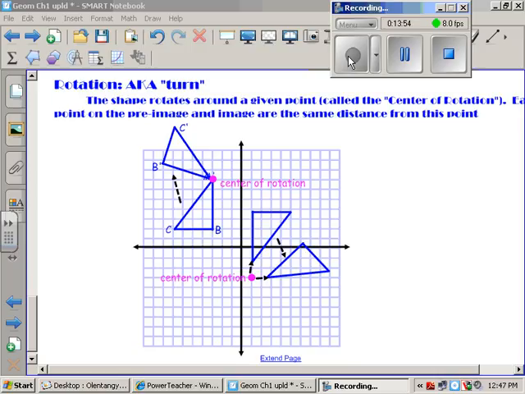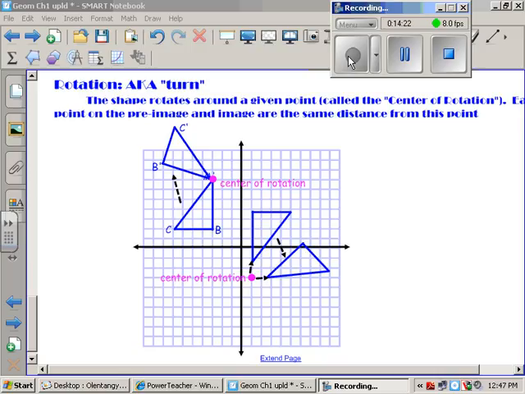So the pre-image is rotating clockwise or counterclockwise? Clockwise. And then how many degrees from here to there? Does it look like it's close to 90, but it's past it, right? What do you think? Oh no, because of the arrow.